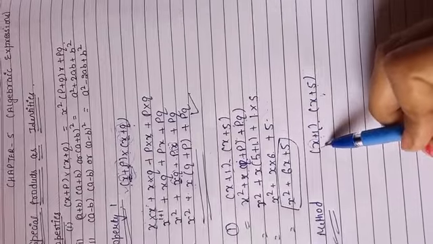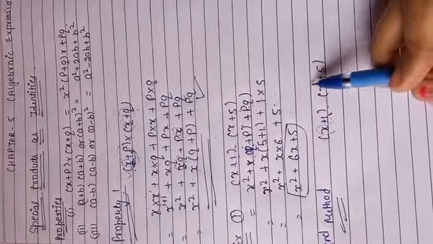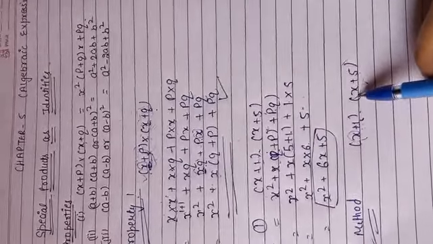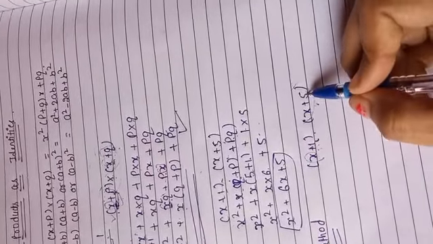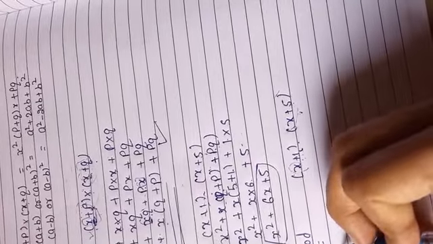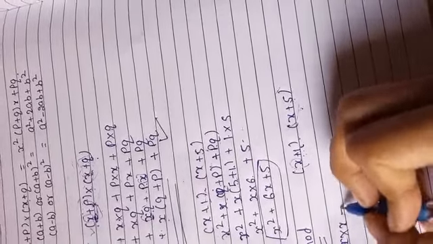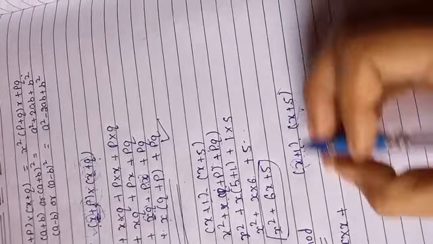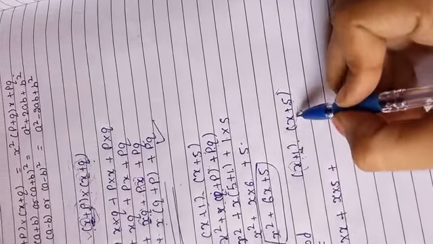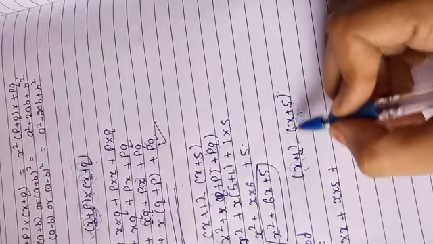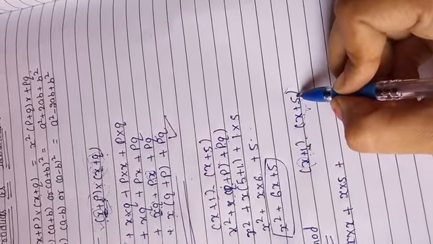The first term of the first binomial is multiplied with both the terms of the second binomial. So x multiplies x and x multiplies 5. So we will write here x multiply x plus x multiply 5, plus same as 1 multiply with x and 1 multiply with 5, right?